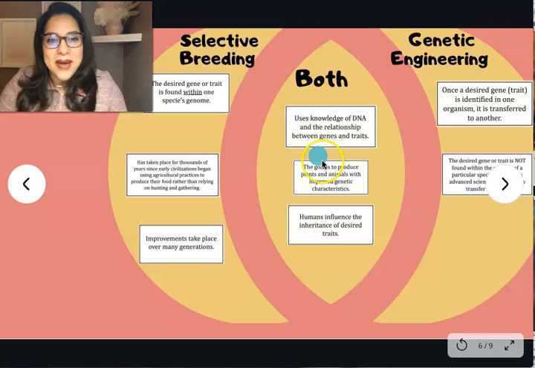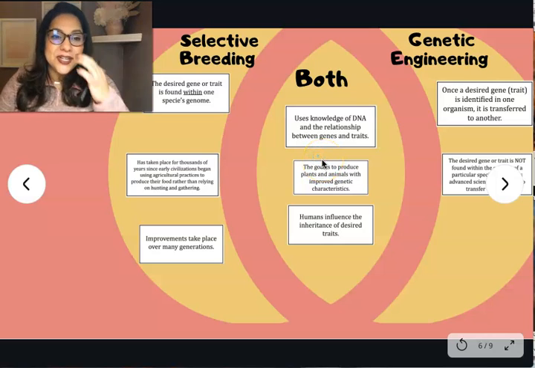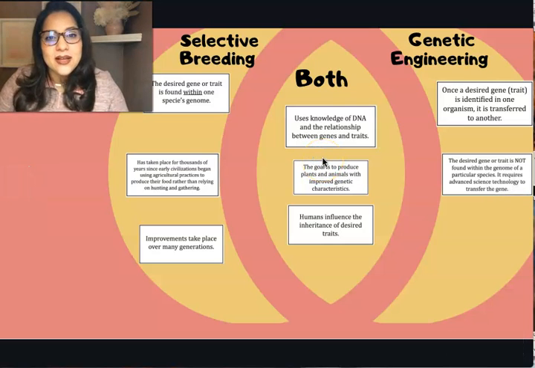All right, so welcome back. This is our answer key, and I'm going to quickly go over it so that you can look over your work and see if you were on track, and if you made any errors, try to understand where you went wrong and self-correct. So for selective breeding, we have 3 description boxes that were placed there. The first is that the desired gene or trait is found within the species genome.